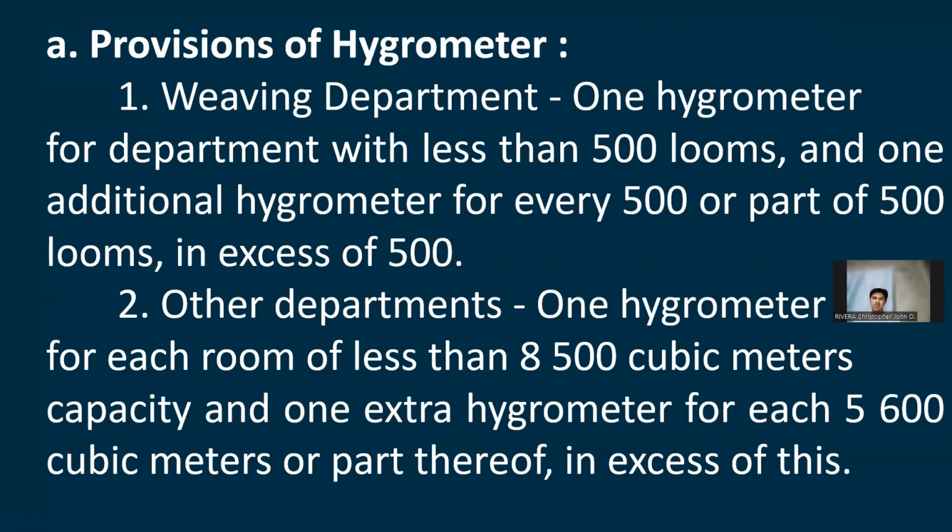These are what we consider in using the hygrometer. A, provision of hygrometer. One, weaving department: one hygrometer for a department with less than 500 looms and one additional hygrometer for every 500 or part of 500 looms in excess of 500. Two, other departments: one hygrometer for each room of less than 8,500 cubic meters capacity and one extra hygrometer for each 5,600 cubic meters or part thereof in excess of this.